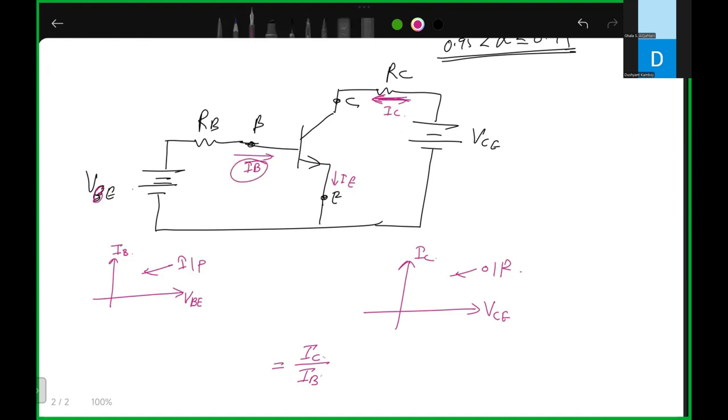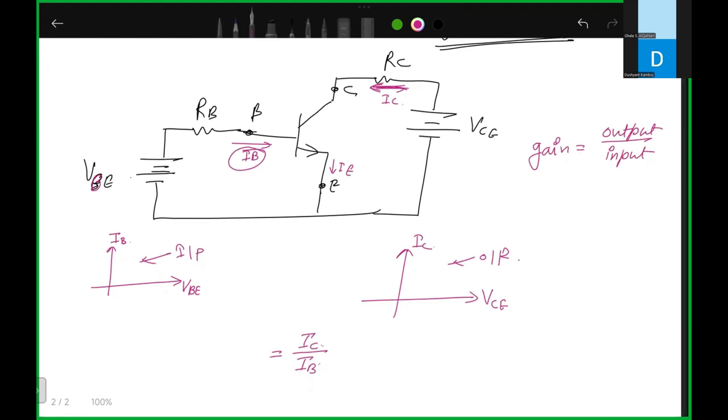Always remember, whenever you define any type of gain, whether current gain, voltage gain, or power gain, the gain is output over input.